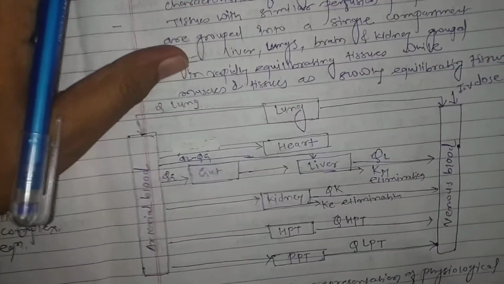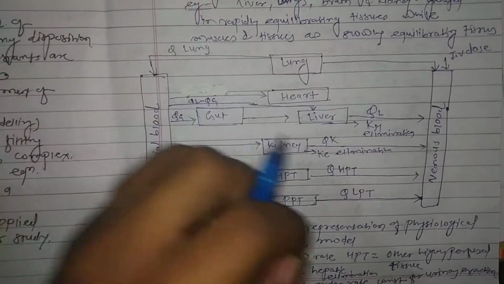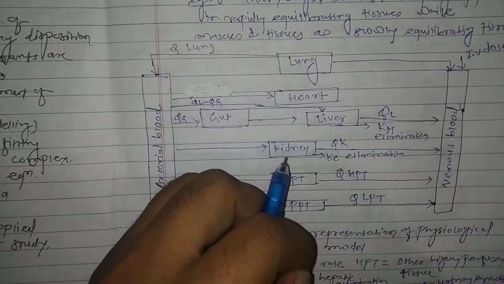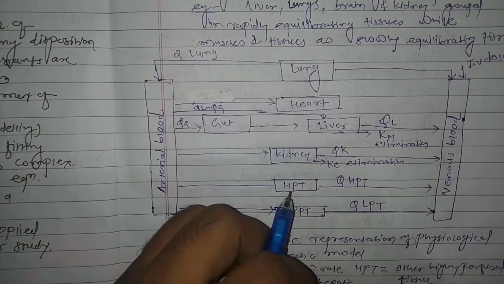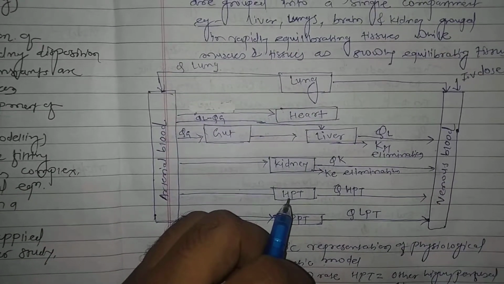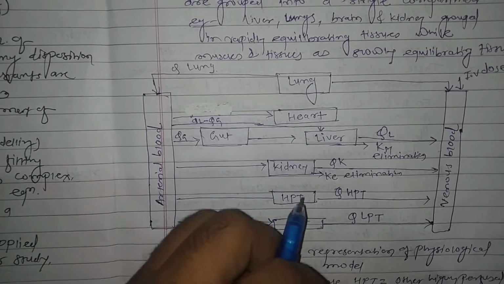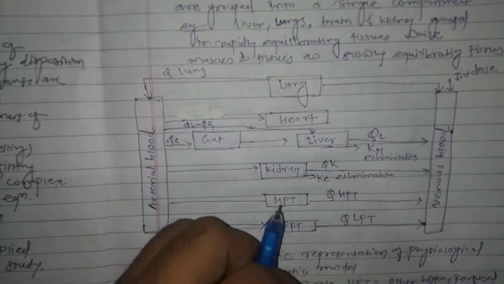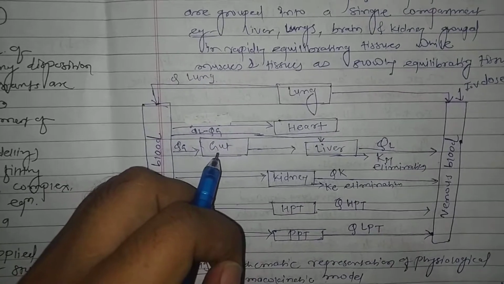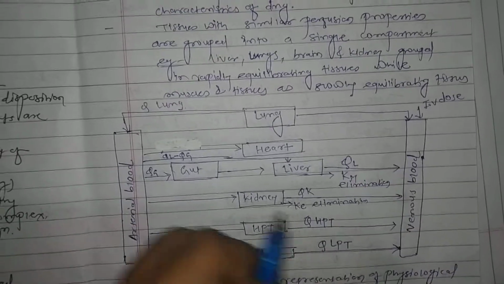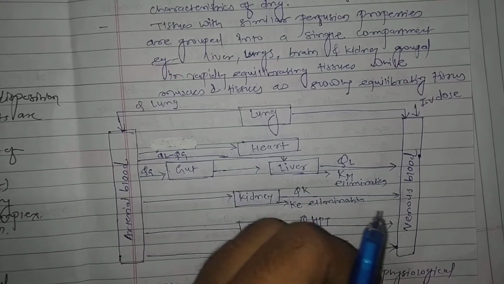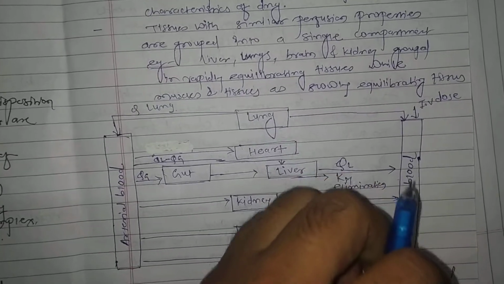By this flow chart we can understand. So, lung, heart, liver, kidney and other highly perfused tissues are arranged in one group, but less perfused tissue, that is gut, and others are arranged in another group.